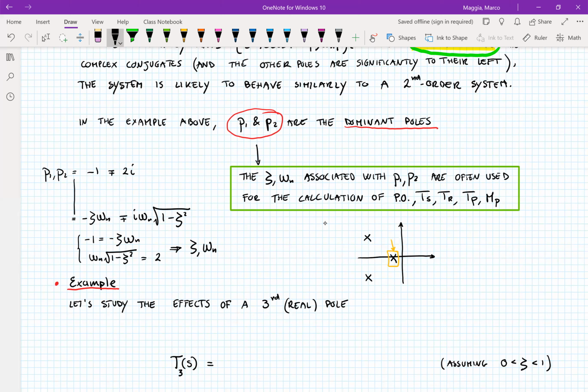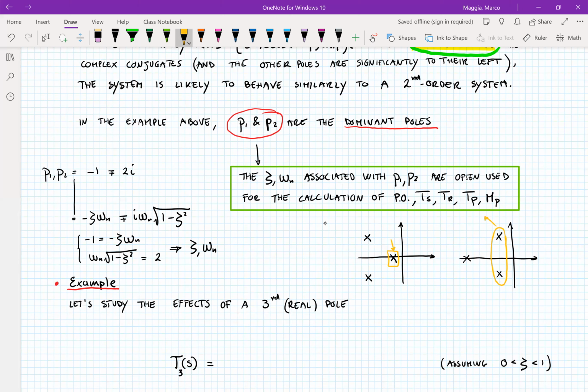However, if we had a third order system that looked like this, so if the 2 complex conjugate poles were more to the right with respect to the real one, well, in this case, we could use the complex conjugate poles to find the damping ratio, the natural frequency, and indeed use the performance indices as defined previously.